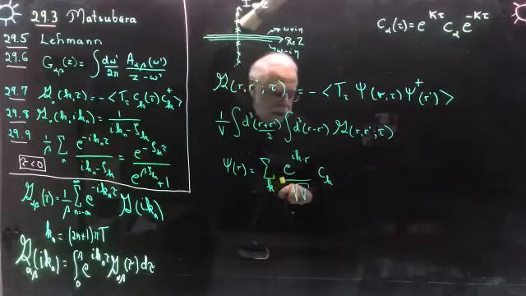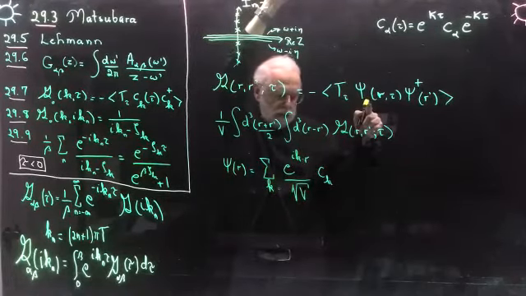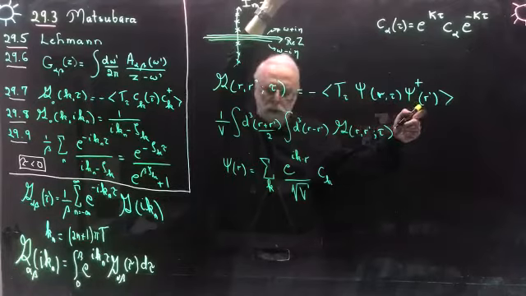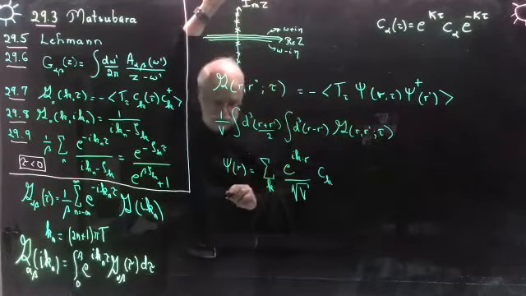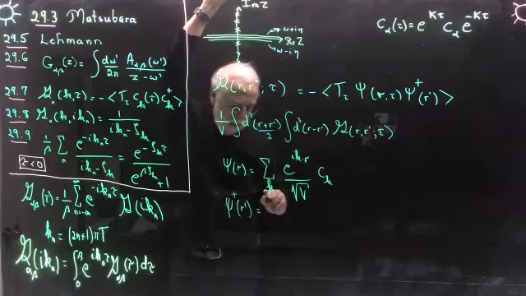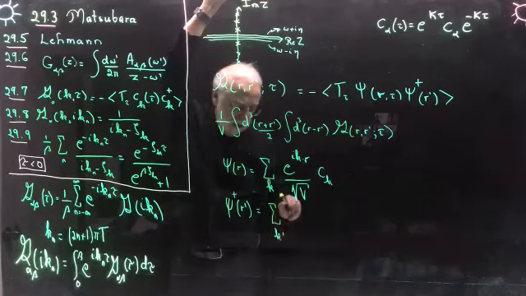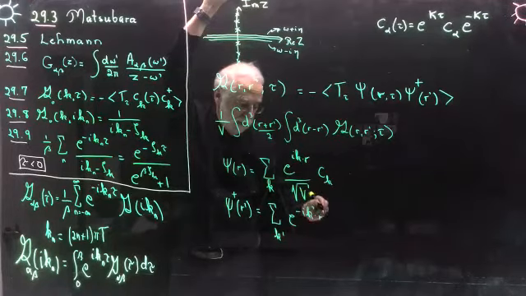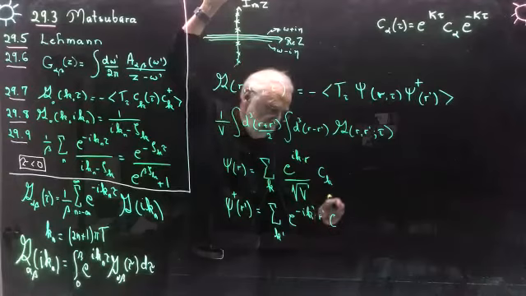So you do this replacement here. And then for this one, you do a similar replacement. Psi dagger of r prime will be a sum over k prime of e to the minus i k prime dot r prime times c dagger of k prime.